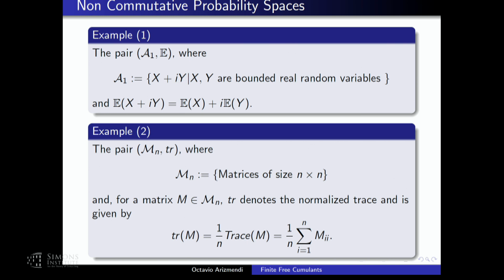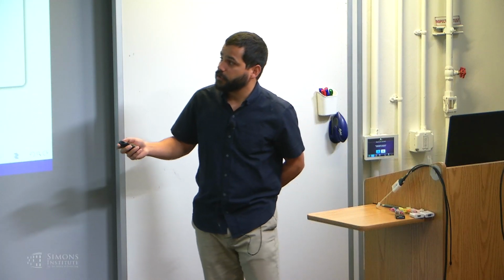Okay. Another important framework for this talk is n by n matrices, and here the functional that we typically use, but this is not the unique one, is the normalized trace, and I use the normalized one so that the identity goes to 1. And of course, I can combine these two, and I get random matrices.